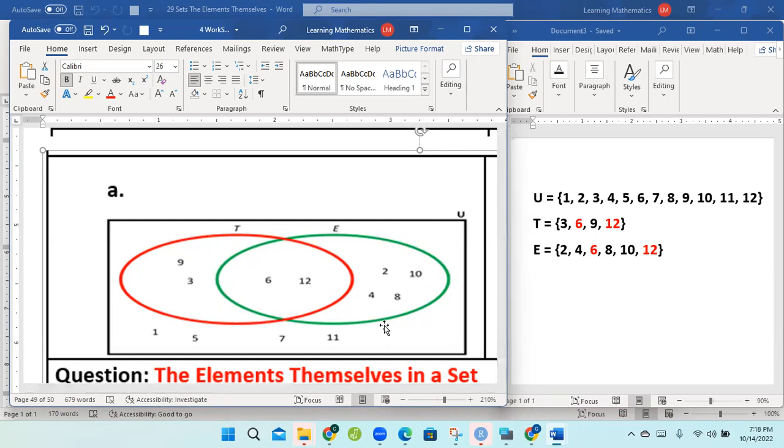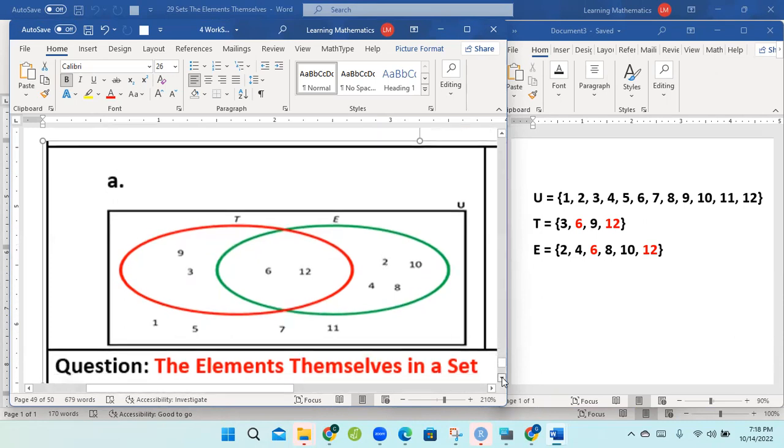And 12 is found in both multiples of 3 and even. So here's the representation of the information in the form of a Venn diagram.